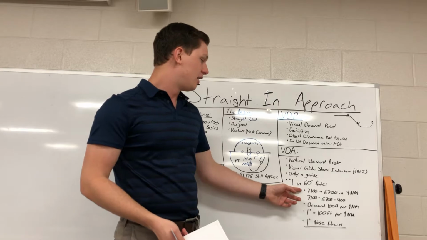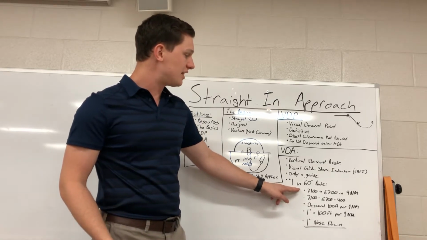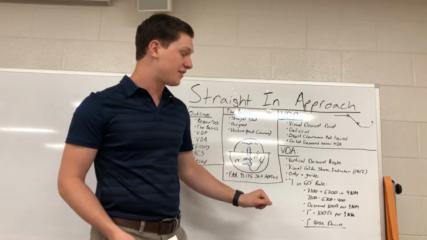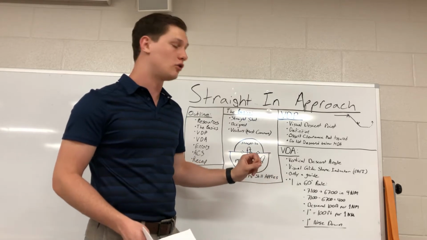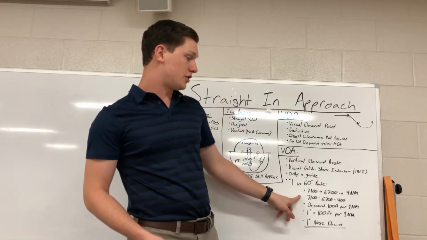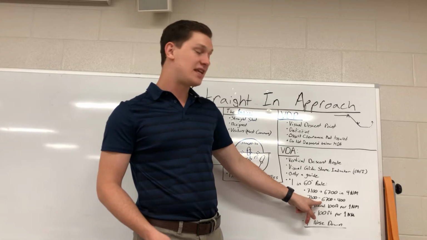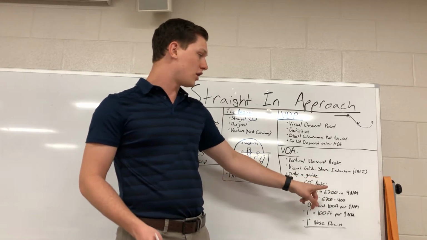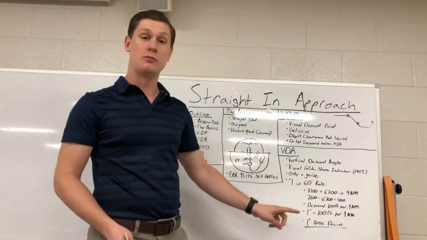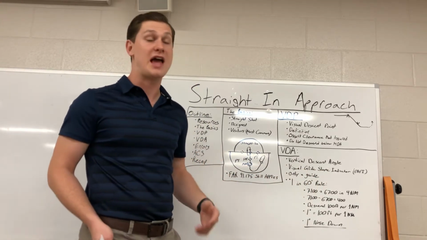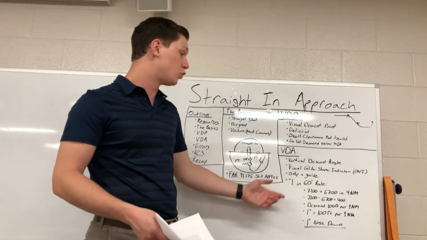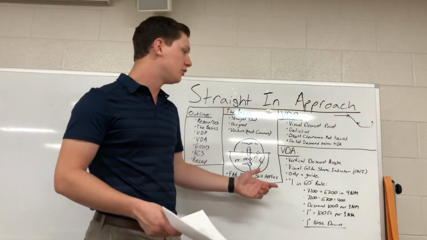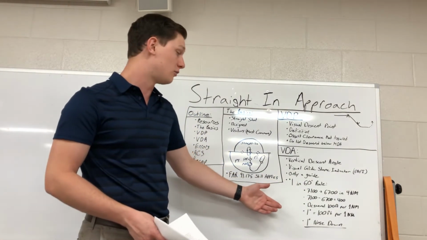Say we have a procedure where we're going from 7,100 feet to 6,700 feet in 4 nautical miles. 7,100 minus 6,700 equals 400 feet. So we need to descend 400 feet in 4 nautical miles. Now, how's the math for that? Well, this is an easy problem, so it equals 100 feet per nautical mile to lose the 400 feet in the 4 nautical miles.